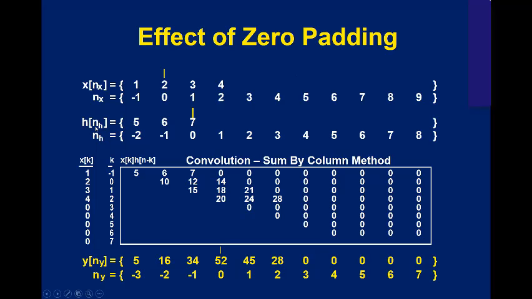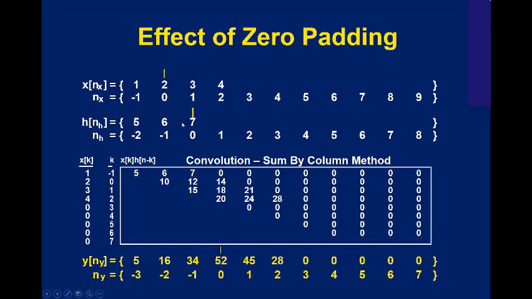My second function, we'll call it h of n, has 3 samples, 5, 6, 7, where the 7 we define as the n equals 0 term. So if I'm going to do a sum by column convolution of these two, I need 1, 2, 3, 4, 5, 6, 7, minus 1. I need 6 columns to do that with. 1, 2, 3, 4, 5, 6.